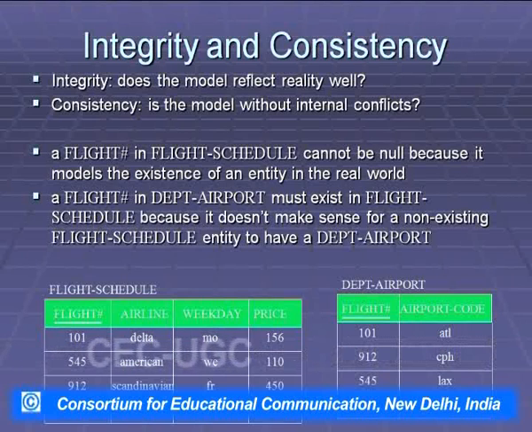As we have just spoken, it's very important that this can't be a null value. A flight in department airport must exist in flight schedule because it does not make sense for a non-existing flight schedule entity to have a department airport. Here you can see we have defined the flight schedule and department.